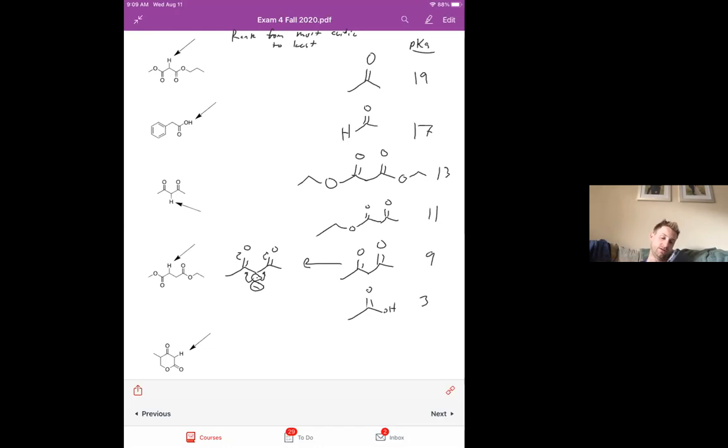But if we take a look at one of these diesters here, they will still have that, but they'll also have something else that's pulling them away from it. So we have resonance to both of these, but so do these oxygens, which is taking a little bit away from our resonance from that acidic position. So it's just going to make them slightly less acidic in this spot.